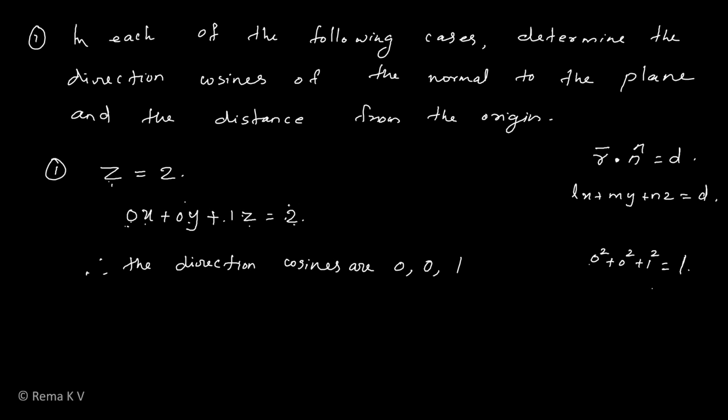And this is lx plus my plus nz is equal to d. When these coefficients are l, m and n, then d is the distance from the origin. So the distance from the origin is 2.